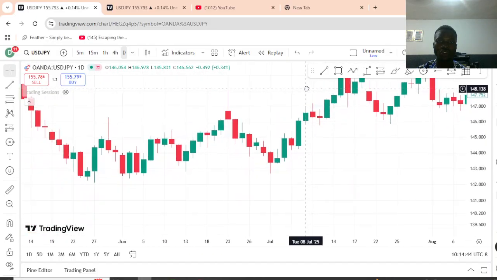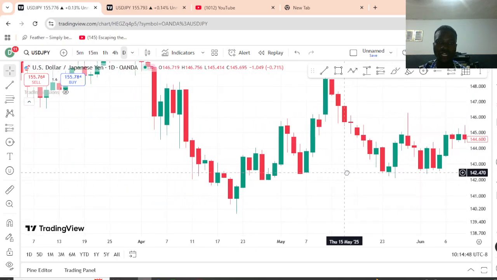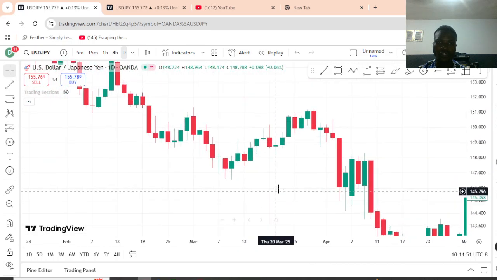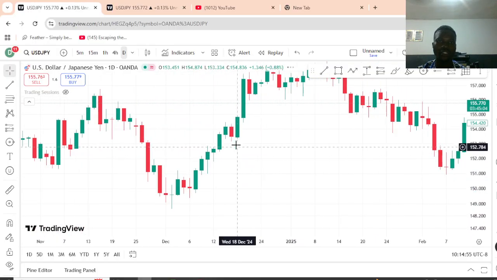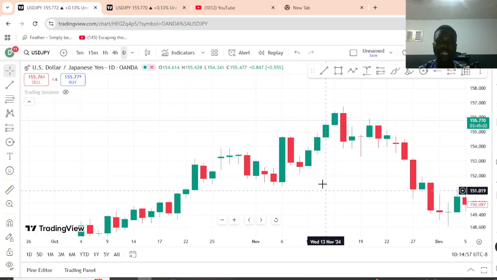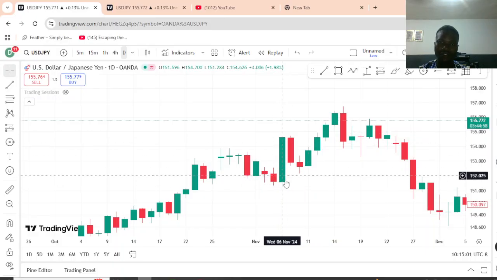So let me go right here and look for a bullish engulfing candlestick. All right, so this is an example of a bullish engulfing candlestick, this green fat candle. As you can see, the previous candle before this green candle is very small.